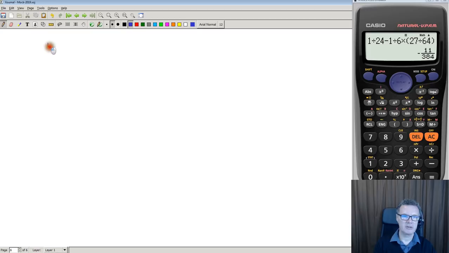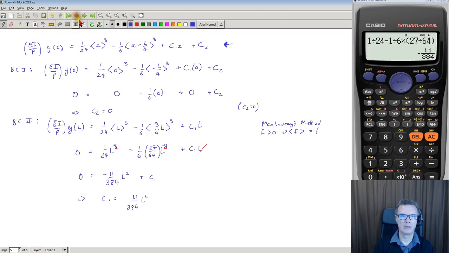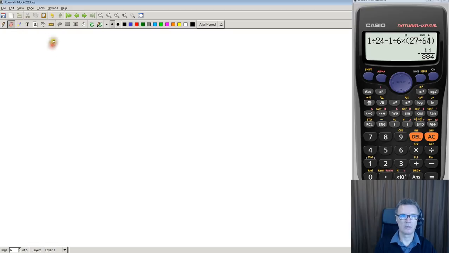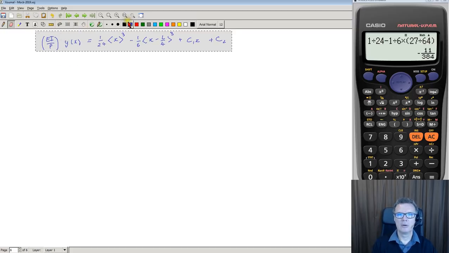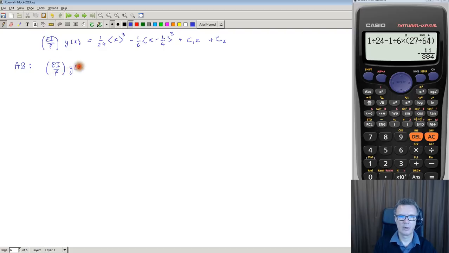So what you basically do there is say, okay, so I've got EI over P. For AB, I can say that we've got EI over P, and I'm going to apply the fact that I know that for this particular section x is less than L over 4.